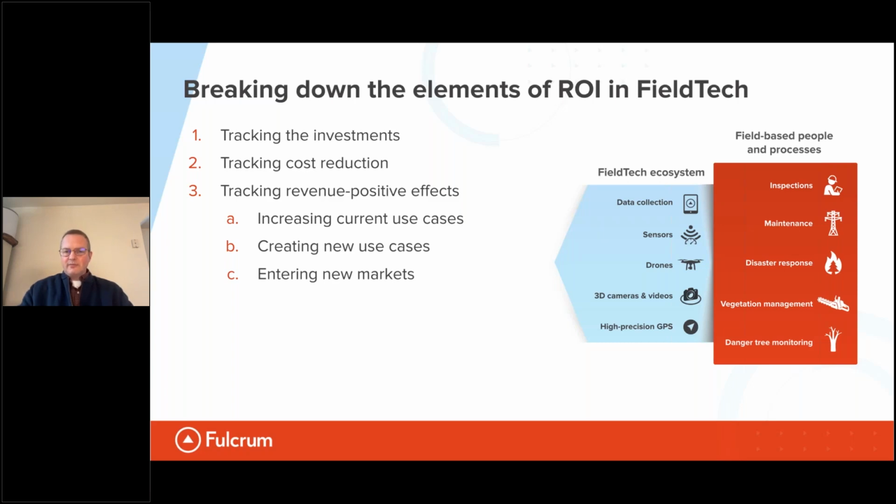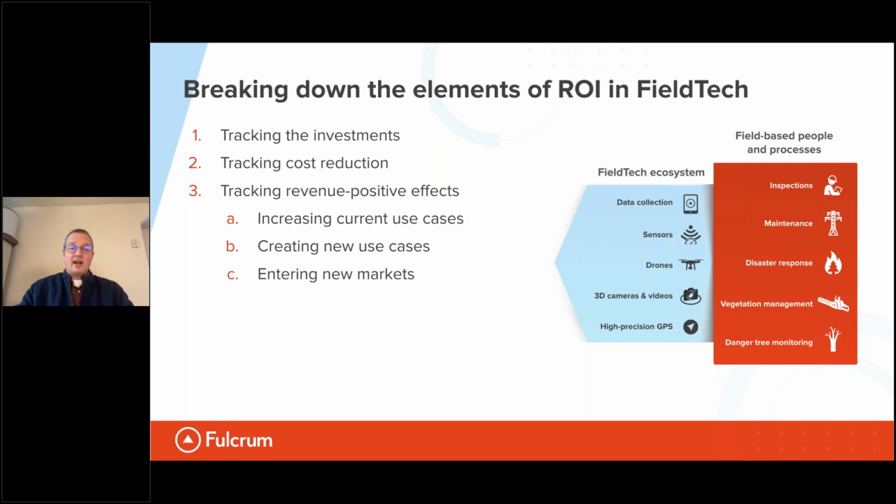By using the right FieldTech ecosystem, which of course included Fulcrum, which is how I know about it, they were able to reduce the amount of effort it took to bring that stuff together. They had the data in their hands more easily, and they were able to then start serving much smaller customers than they were ever able to do before. So they actually entered an adjacent market just by assembling the right technical ecosystem and making sure that they could serve those people in the field.